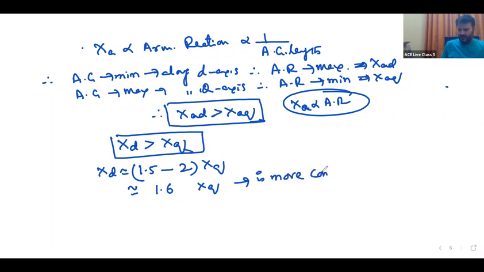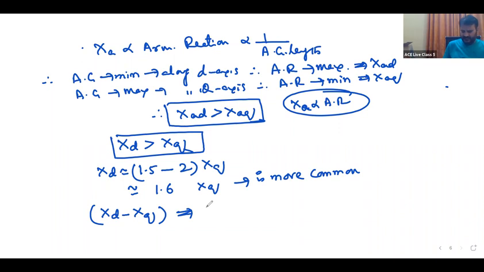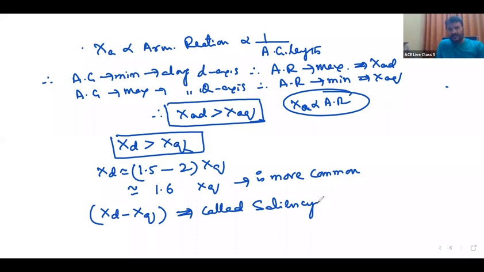In most machines, XD will be nearly 1.6 times XQ, that is 160%. And XD minus XQ is called saliency.